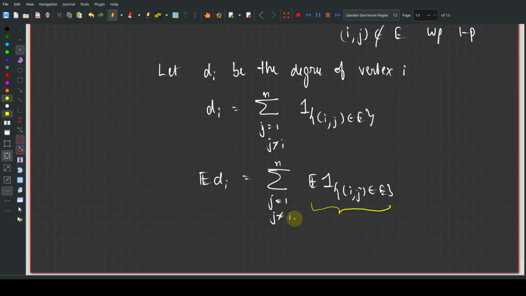It's equal to p, right? Because it is 1 with probability that ij is an edge, which is p. This random variable takes the value 1 with probability p, and it is 0 with probability 1 minus p. Correct? So this quantity is simply p. So what is the expected value of di? It is n minus 1 times p.